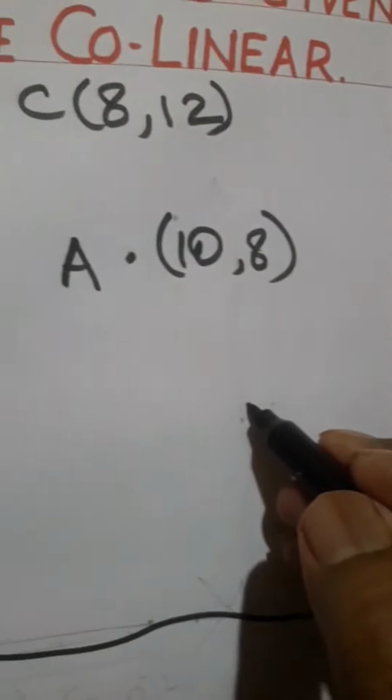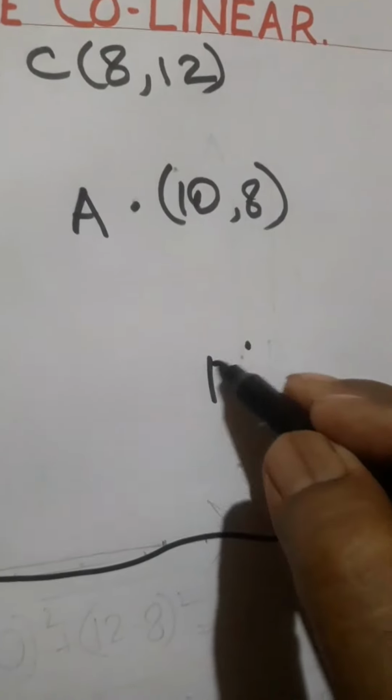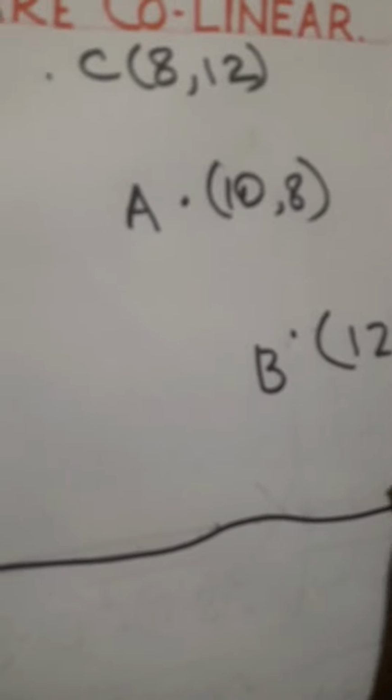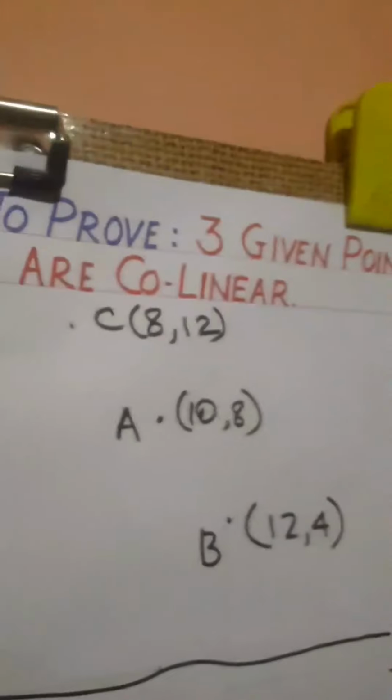So it will be approximately somewhere here. Now we have got the approximate location of the 3 points. Now let us find out the lengths.